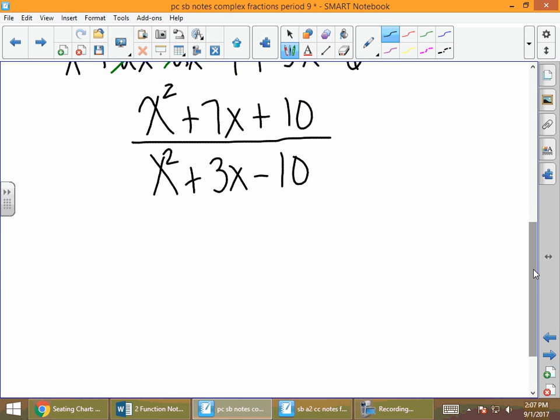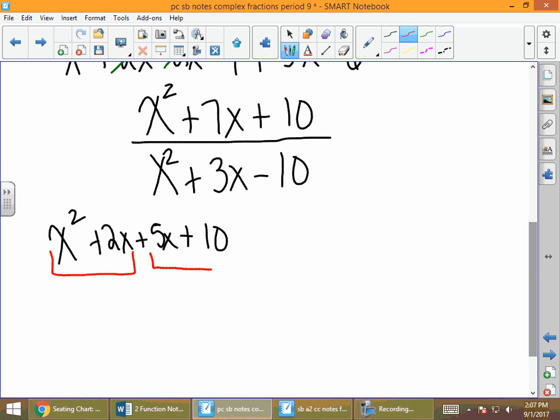So when we look at this, we've got x squared plus 7x plus 10. Factors of 10 that combine to be 7? 2 and 5. Plus 2x plus 5x. And here's our first group, and here's our second group.